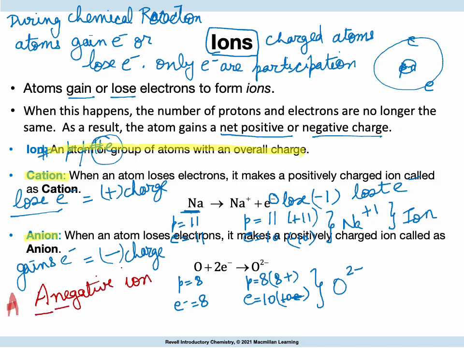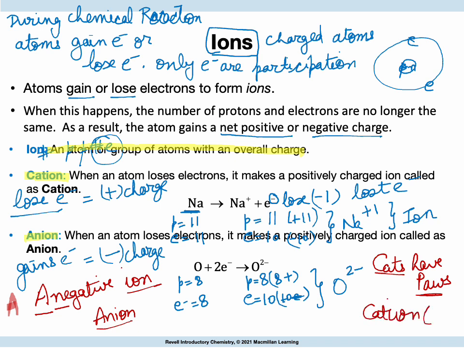Cation: remember how cats have paws, right? So cats, positive, so it's called cation. Cations are positively charged. That's how I remember it. A negatively charged ion is an anion.